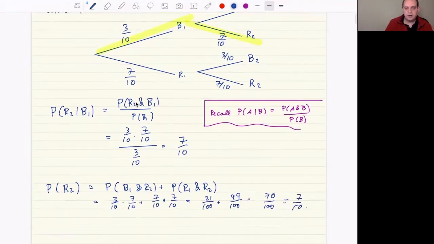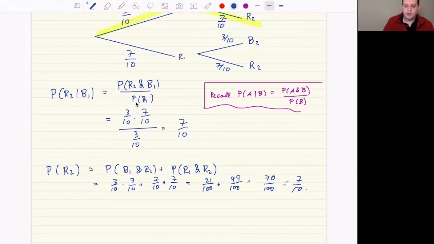And then I want you to notice that these two probabilities are equal. The probability of R2 given B1 and the probability of R2 are equal. So what that means, let me rewrite this so it's a little bit more legible, is that R2 and B1 are independent events, because knowing ahead of time whether the first marble was blue or not did not change the probability that the second marble was red.